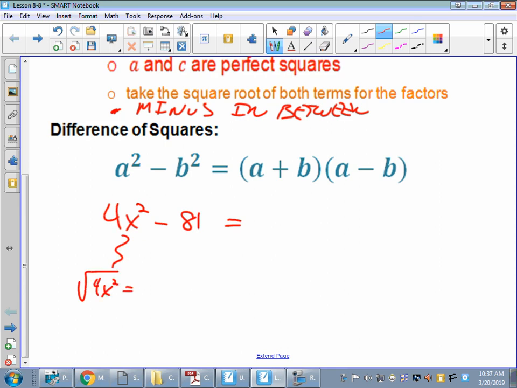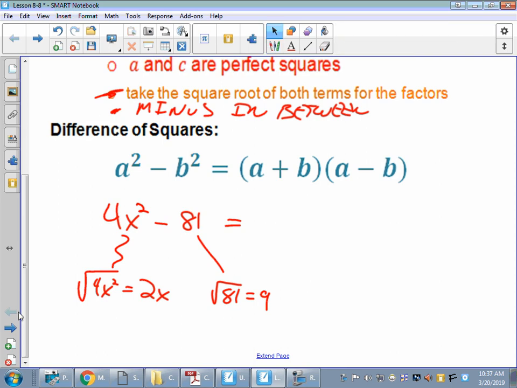Square root of 4x squared would give us 2x. And this one is also a perfect square because the square root of 81 equals 9. So if you can take the square root of both terms for the factors, that's this part here. If you can do it and get a whole number, then you're in good shape. Okay? So now the 2x goes first in both parentheses.